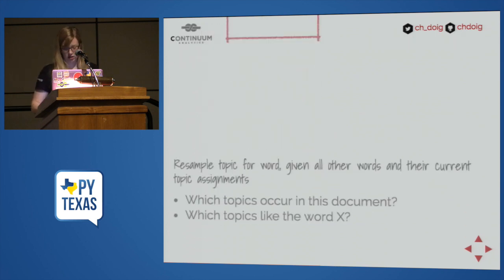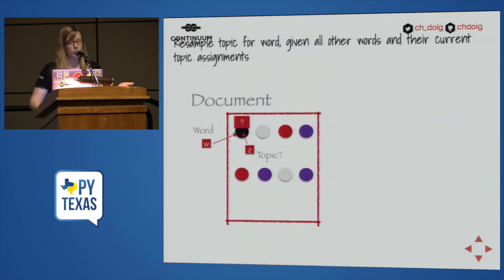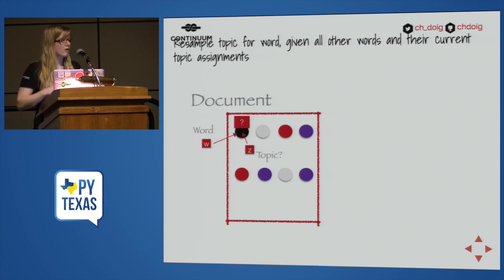So pretty much asking these two questions. I'm not going to go into the details, but the first is: which topics occur in this document? You can quantitatively measure that. Say this word here used to be green, but green is not a topic that frequently occurs in this document, then we can quantify how much that is and what weight to give to whether that word would have that topic or not.